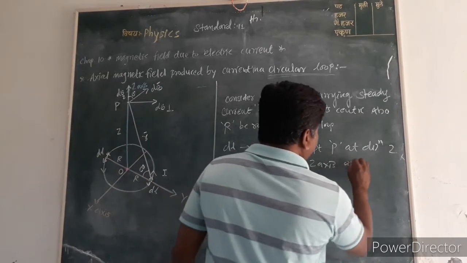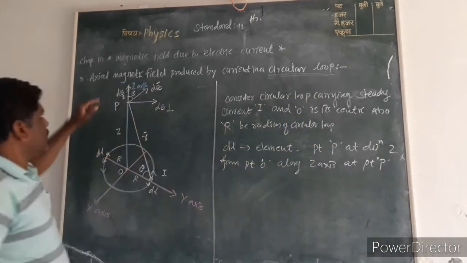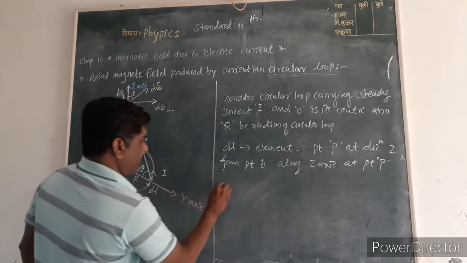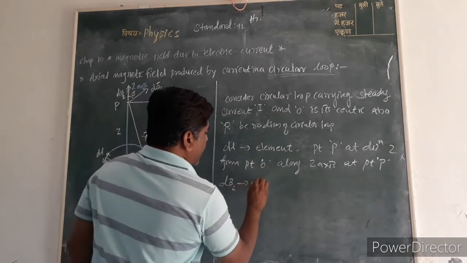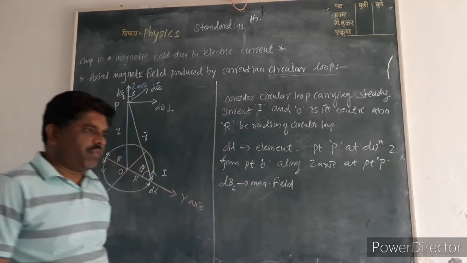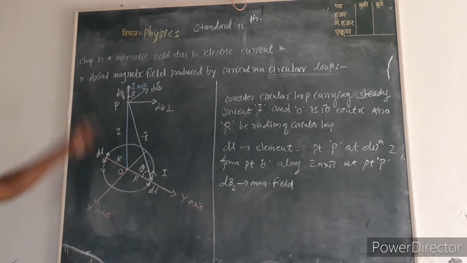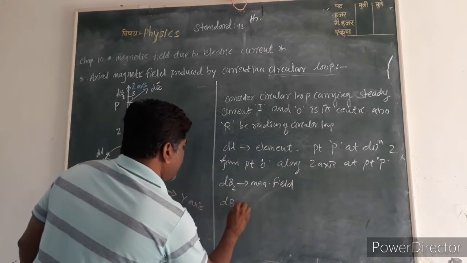At point P, dBz is the magnetic field induction along the z-axis, and dB perpendicular is along the direction perpendicular to the z-axis.